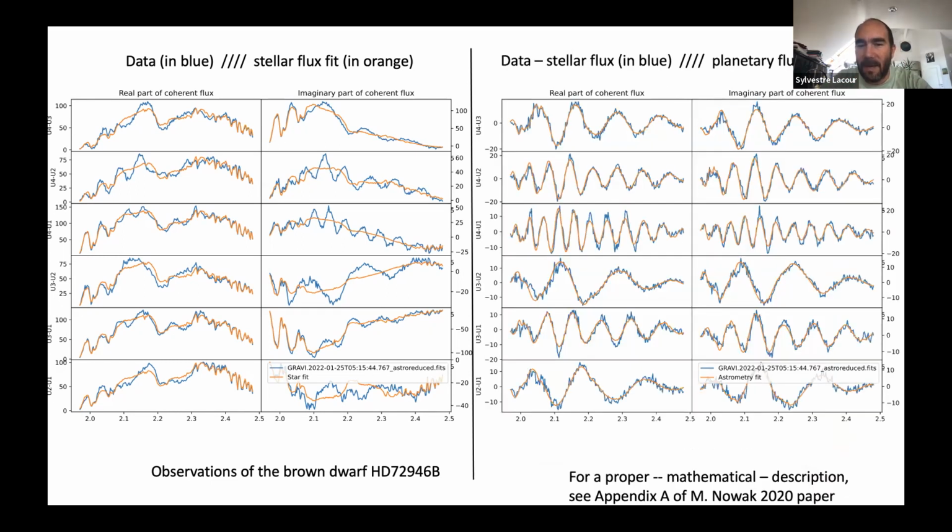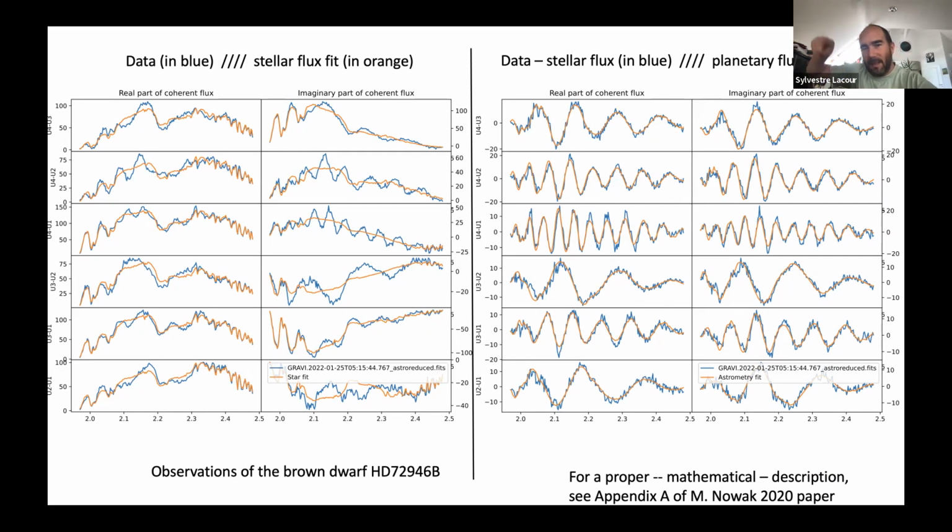And then you get this value to the right. So now in blue, you have the coherent flux, both in real and imaginary parts, seen on the detector after removing the stellar flux, the stellar speckle.